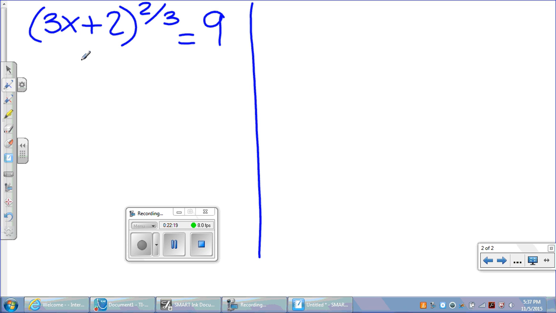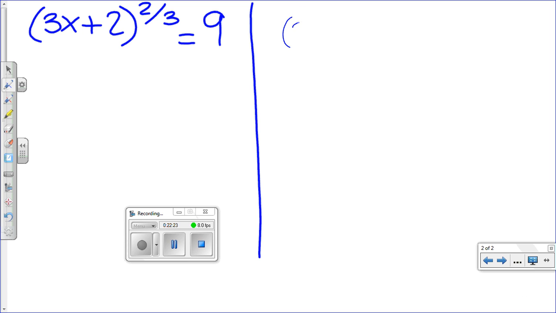What that means is the power 2/3 means that you have 3x plus 2 raised to the second power, and then you're taking the cube root of that. And when we have exponents as fractions, the denominator becomes the index of your radical.